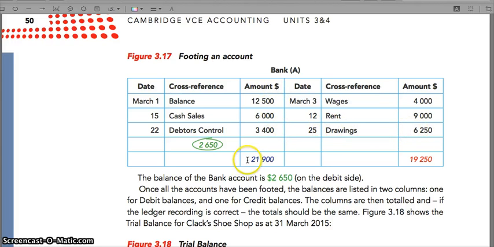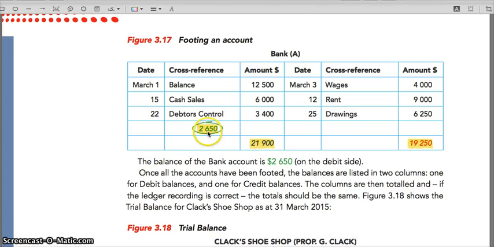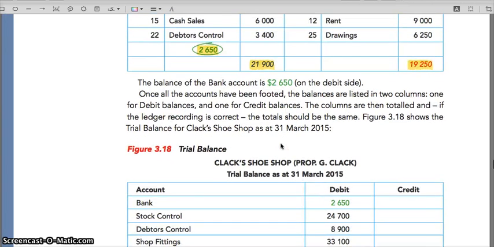So basically, we've added up all the debits, 21,900, all the credits, 19,250, and the difference between those two figures is 2,650.